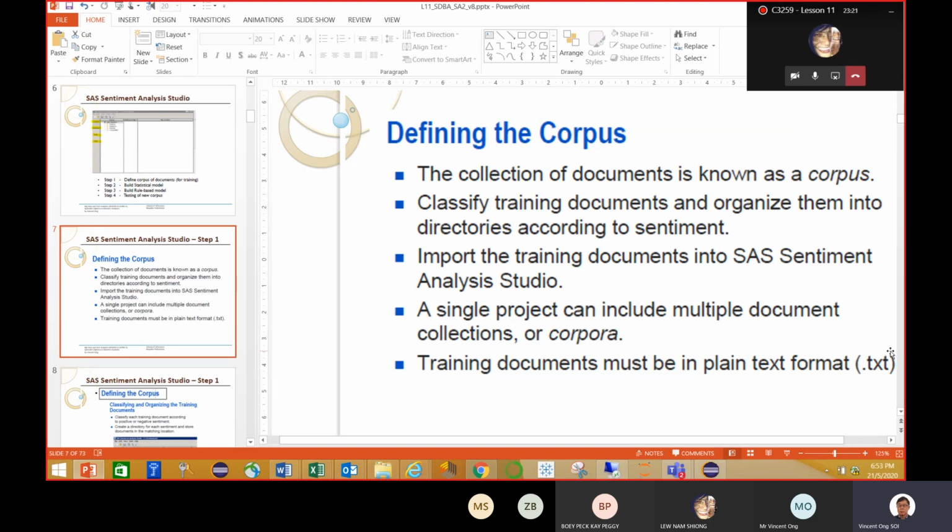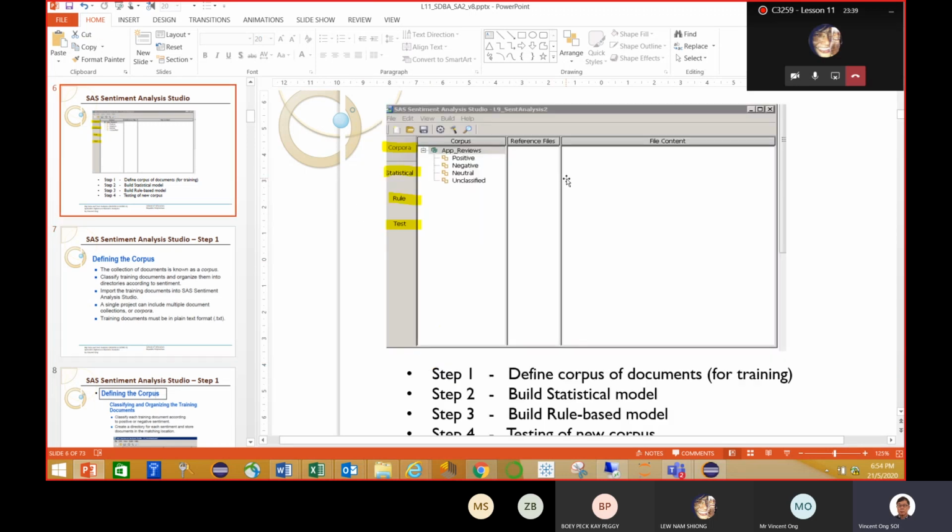Normally a certain percentage, maybe 5%, consists of the positive and negative, and you put them into the actual positive and negative directory. These are the actual positive and negative documents that you have evaluated and put there. This is for training purposes, so that the model will know what you mean by positive and what you mean by negative, right?